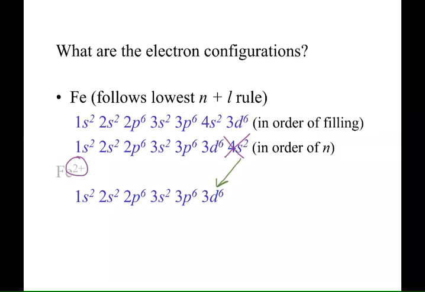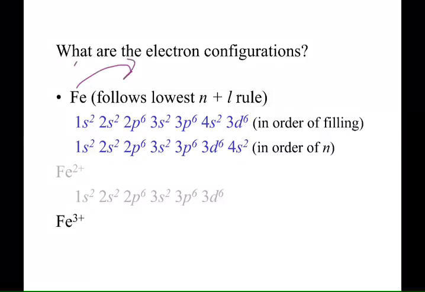Well, let's take a look now at iron forming a +3 cation. So if it's a +3, that means what? 3 electrons have gone. And we know these are 2 of the 3, and I guess it's going to have to take 1 electron from the 3d subshell, and it does.